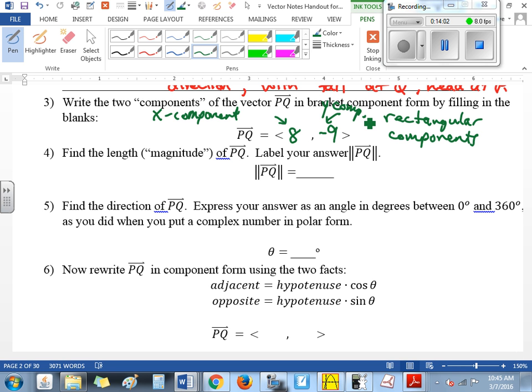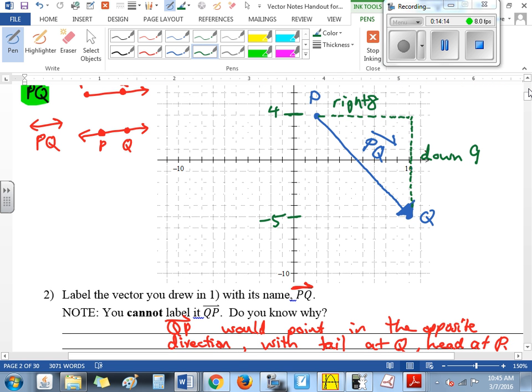We could find the length of the arrow, the vector. We could find the length of the vector. So let's go back up and take a peek at our vector again. Couldn't we use the Pythagorean theorem to find out how long the blue segment is? The blue directed segment? I think we could, right? So do me a favor, calculate the length of this thing real quick. Let's put it in radical form and decimal form real quick.